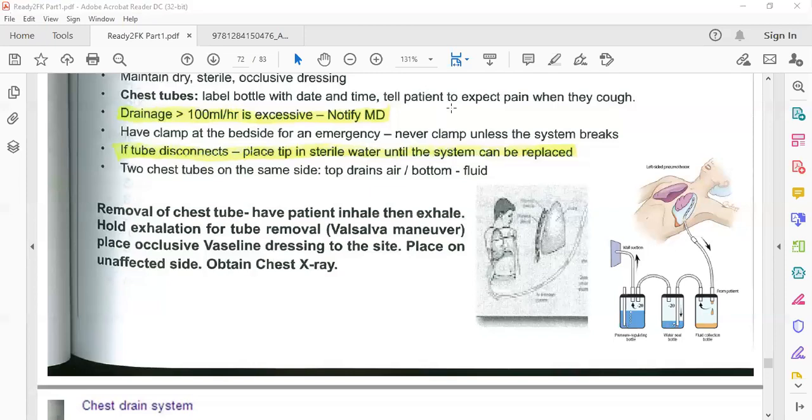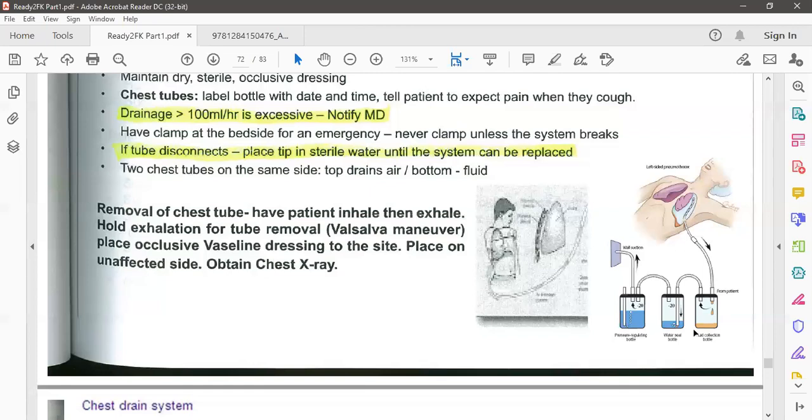In the water seal chamber, basically nothing comes in, no air. If we see continuous bubbling, it indicates air leakage, a bad sign. Intermittent bubbling in the water seal is a good sign.